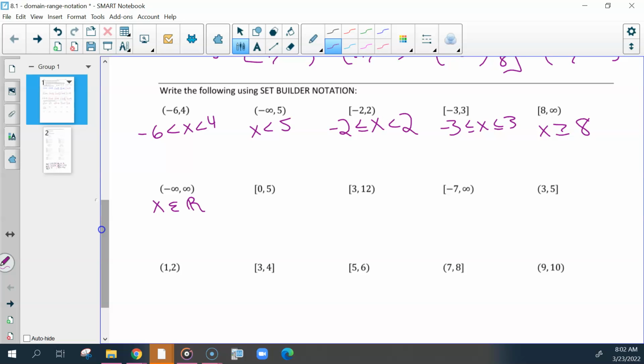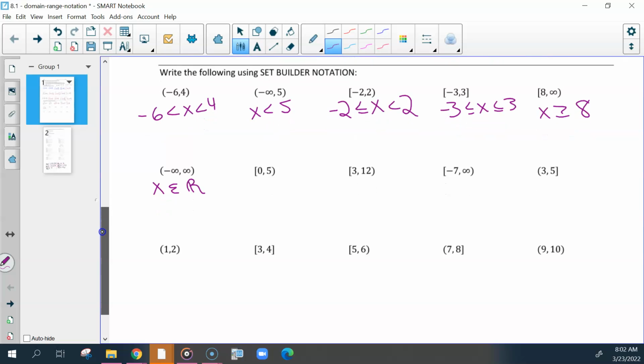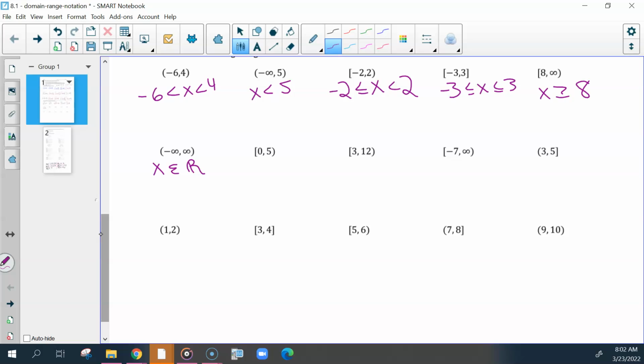So all the negatives, the positives, the fractions or decimals, the rational numbers, all of those. Another way you could write this is just the R. Either or.